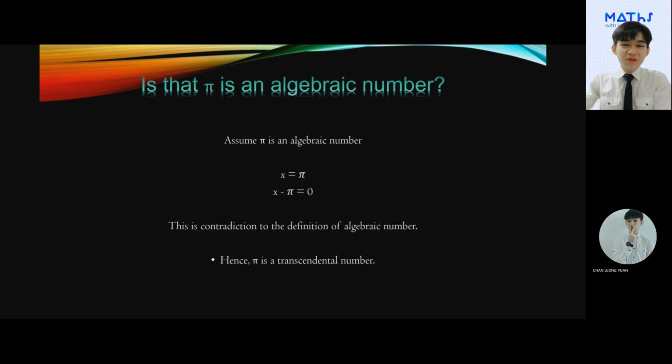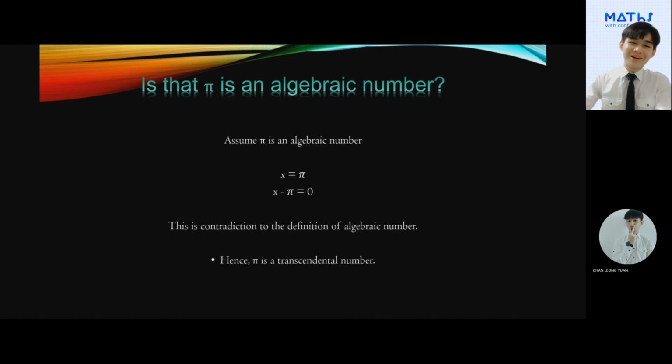By now, we have some idea of algebraic and transcendental numbers. Now, is pi an algebraic number? We can actually prove it. We assume pi is an algebraic number and s equals pi. Then s minus pi equals 0. So is it algebraic?